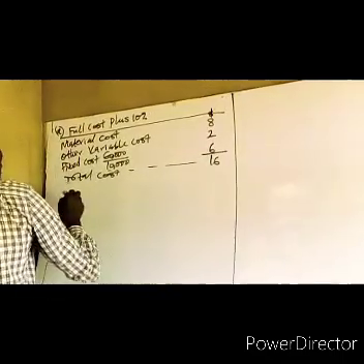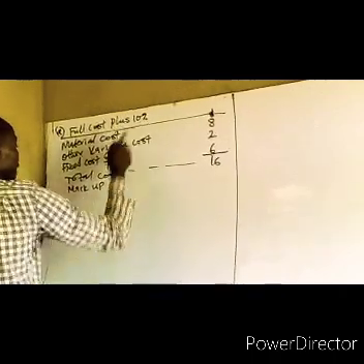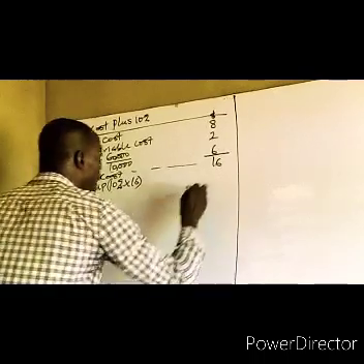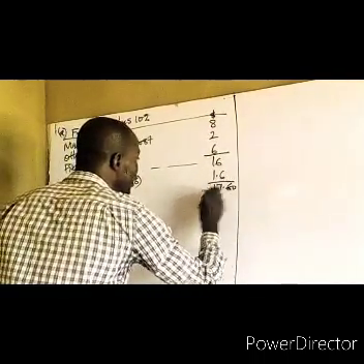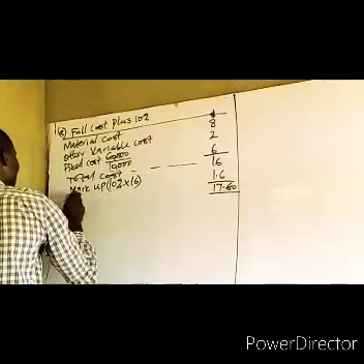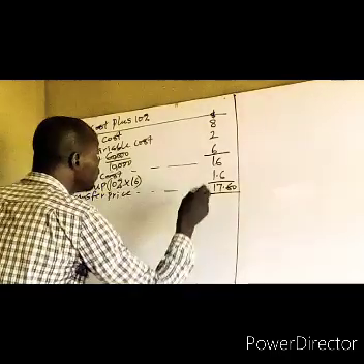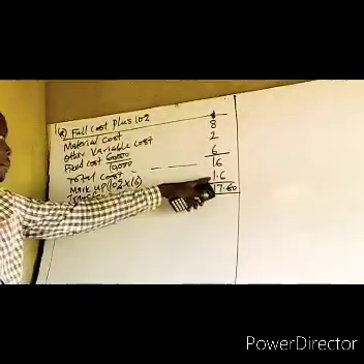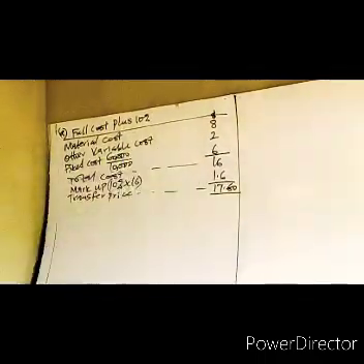Then plus markup of 10%. 10% of $16 will be 1.6. When you sum it up, you have 17.6. This is the transfer price at full cost plus 10%. This total cost is the full cost, that is the fixed cost plus the variable cost.